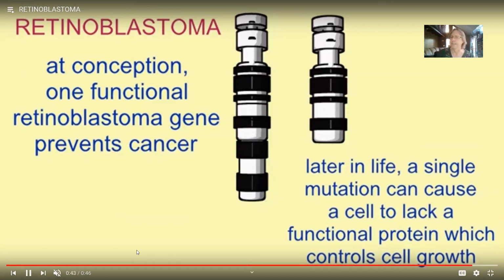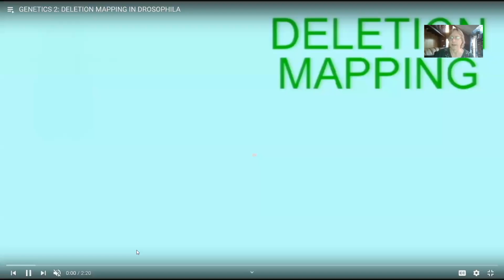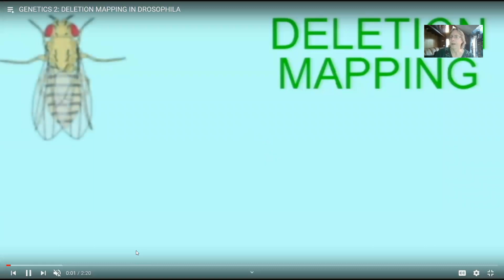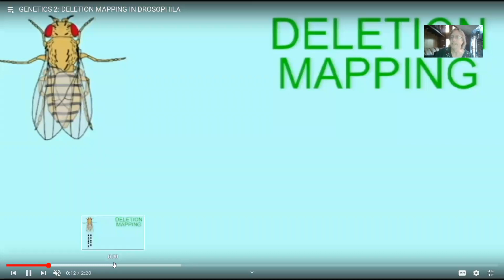And so that's an example of deletion chromosomes being relevant, say, in cancer research. Researchers use this a lot. So for example, one of the ways to map chromosomes, which I describe elsewhere, is what's called deletion mapping.